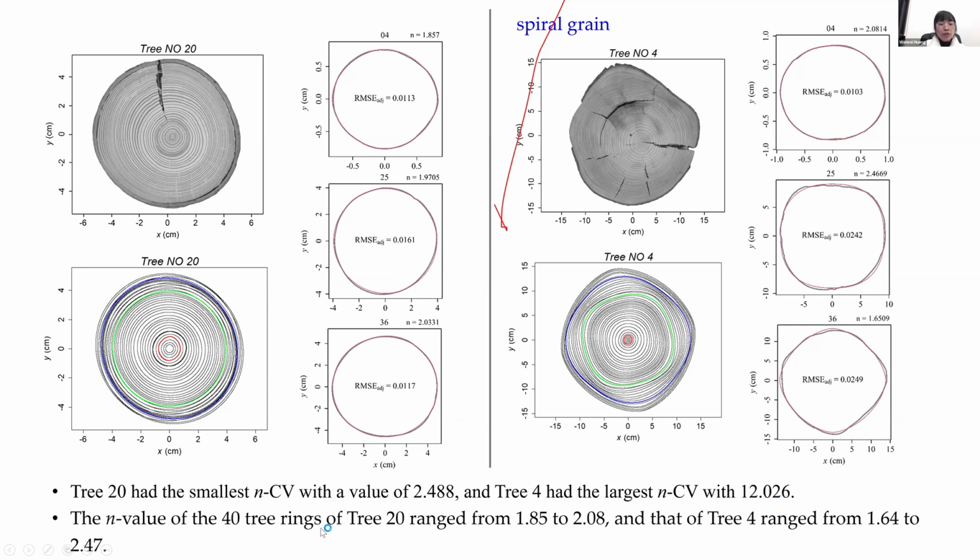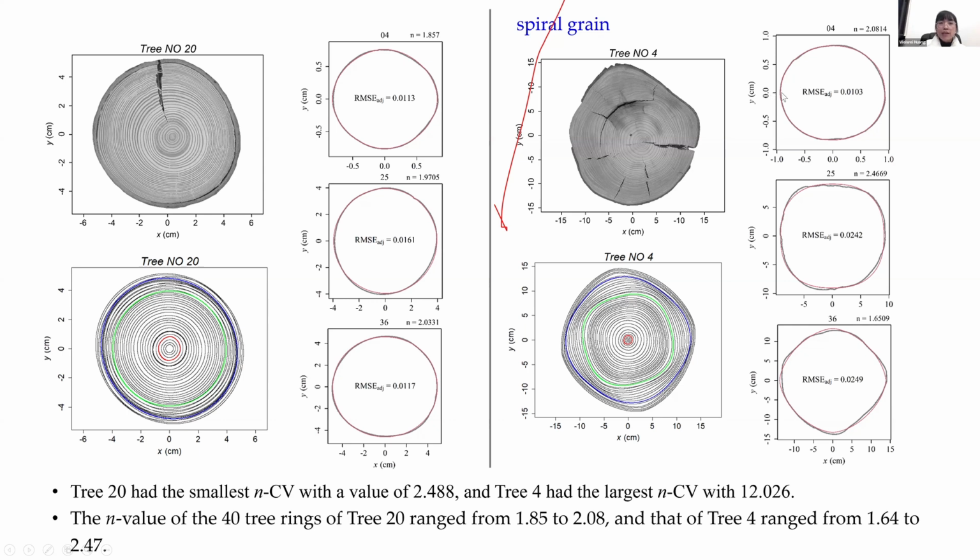The N value of the 43 rings of tree 20 ranged from 1.85 to 2.08, and that of tree 4 ranged from 1.64 to 2.47. So we can see that within one disc, from year to year, the shape is changing.